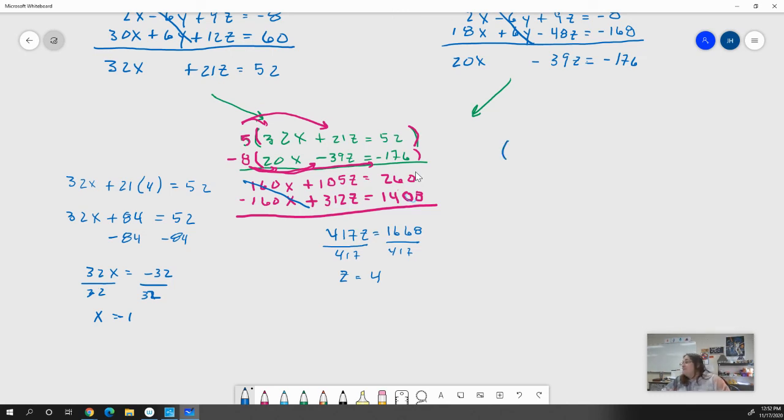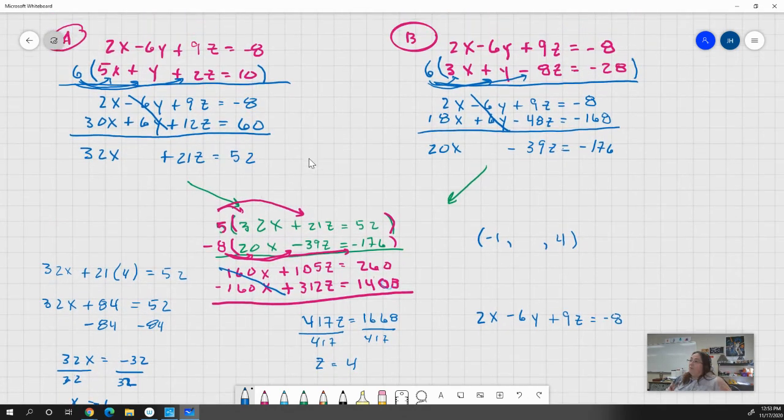So if I was writing it in terms of a point, I would know it's negative 1. We don't know what y is yet, but we know that z is 4, right? So all we have to do is take one of our original equations. I'm going to go with 2x minus 6y plus 9z equals negative 8 because I can see it right there.